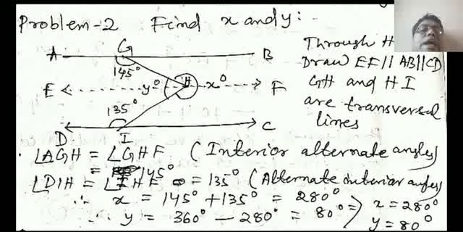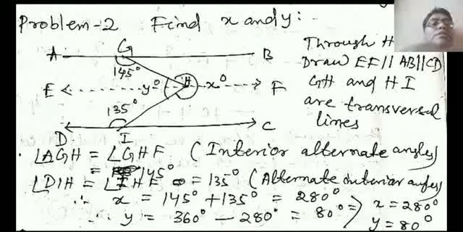H is a point inside, joined from G and I to H. You have to find out the angles: one reflex angle x and its opposite y.